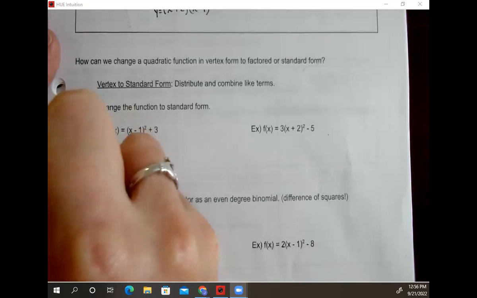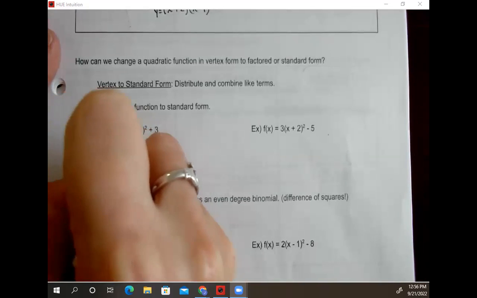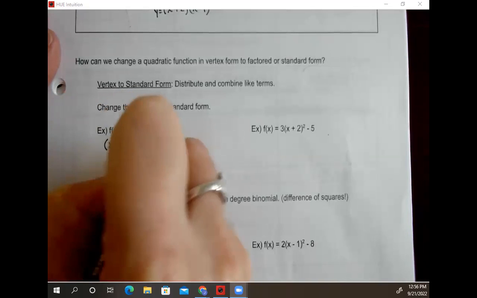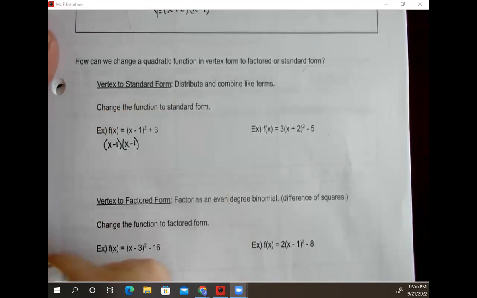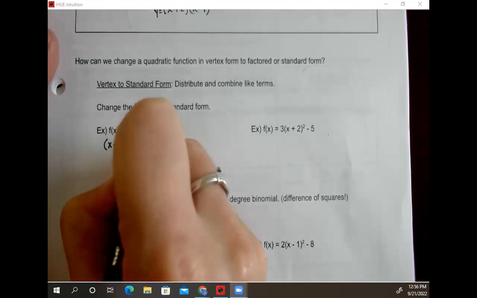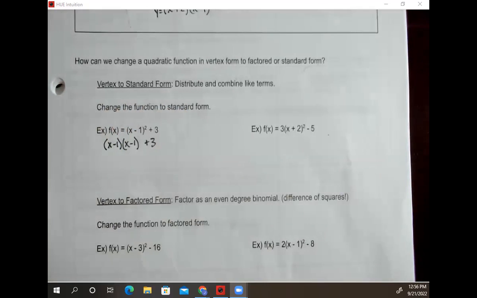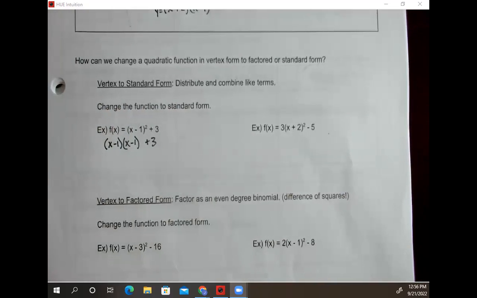So that's going to be our first step here. Take the squared piece and write it twice. That's what square means. It means this thing times itself. In order to be able to distribute, I need to write it out. So I write that squared part twice and then redistribute.